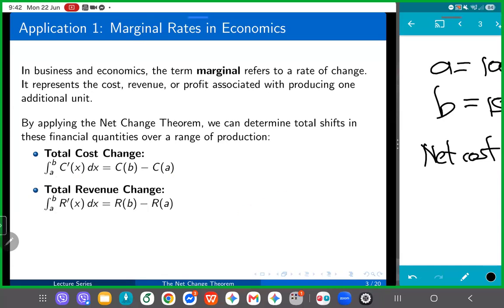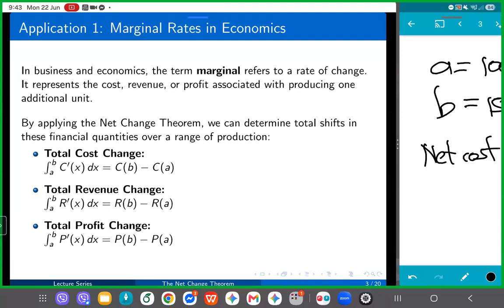Similarly, just changing the variable or quantity to revenue and profit, we have, by the fundamental theorem, the integral of the marginal revenue equal to the net revenue, the total revenue change or the change in revenue simply.